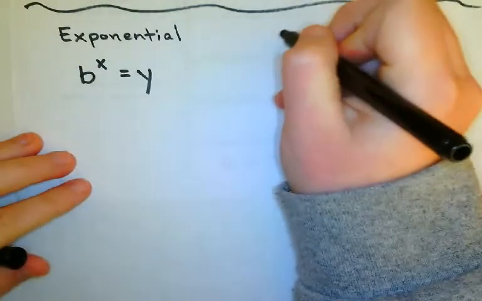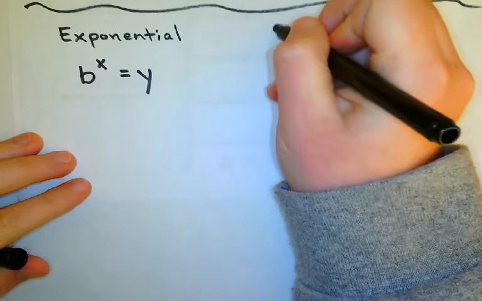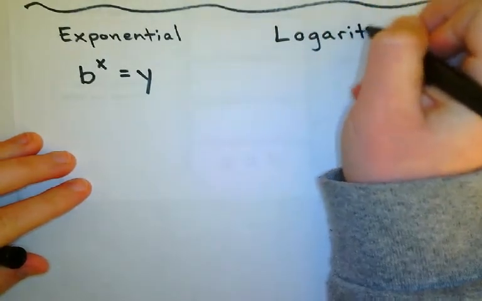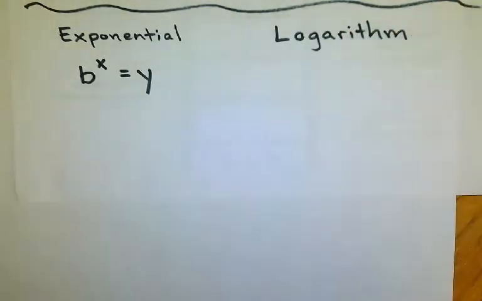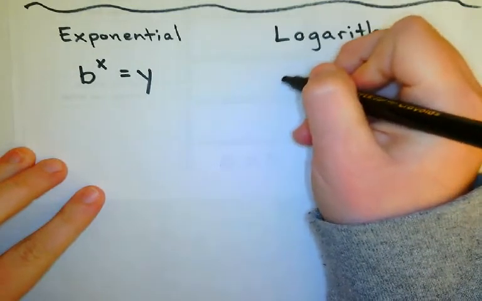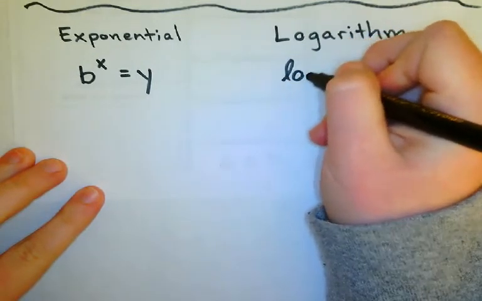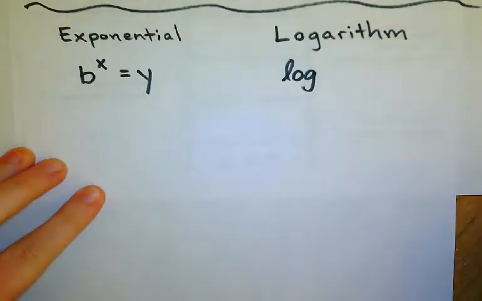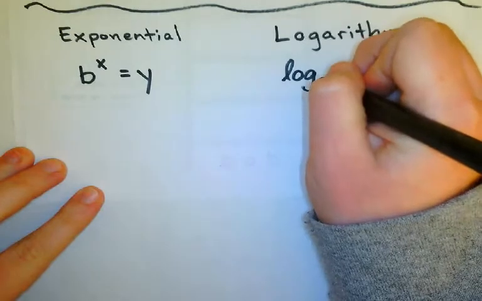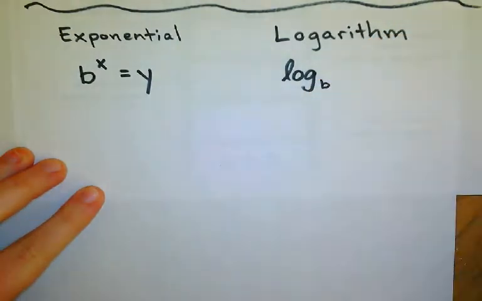If we want to look at a logarithm, the basic outline of a logarithm is going to be, I'm going to use a cursive L, and that way it doesn't look like the number 1. So log, and then b is going to go down here as a subscript.